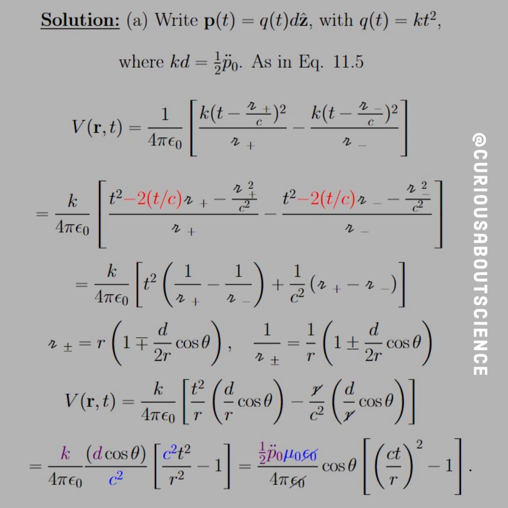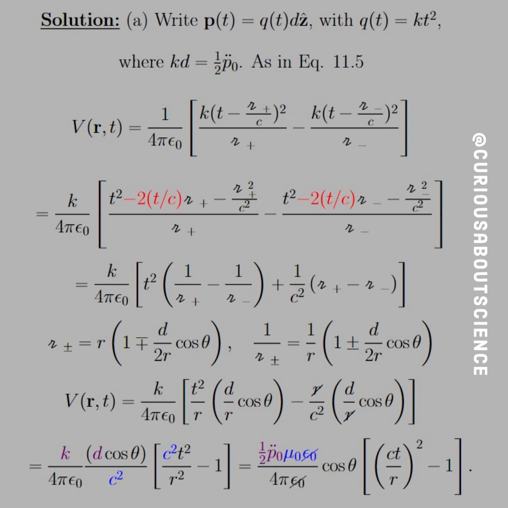But with that being said, we can now factor out a t squared that came with the 1 over script r's, and we can also factor out a 1 over c squared that came with just the addition of the script r's. We know from the multipole expansion what to expect the script r's to look like, i.e. r times 1 minus plus d over 2r cosine theta, and then 1 over r plus minus gives us the inverse of that, and flip the sign on the inside.